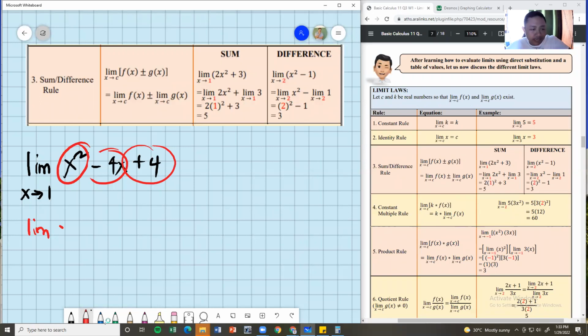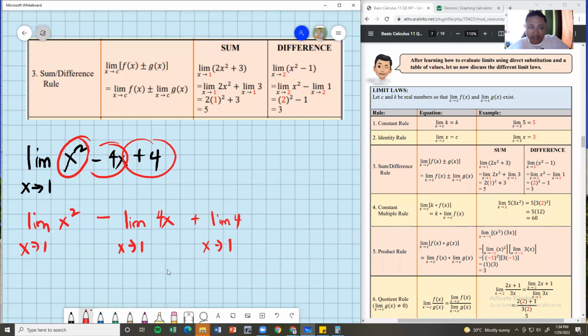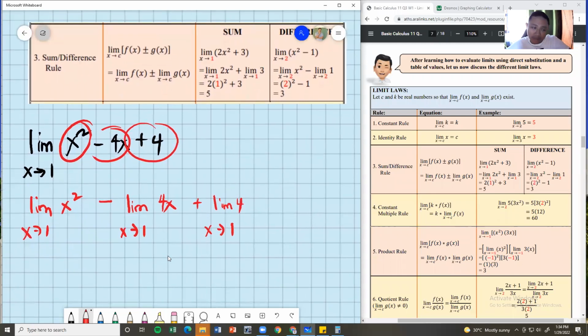So we will have here the limit of x squared as x approaches 1, and then minus the limit of 4x as x approaches 1, and then plus the limit of 4 as x approaches 1. Can you follow? This is the long process. This is the long method.